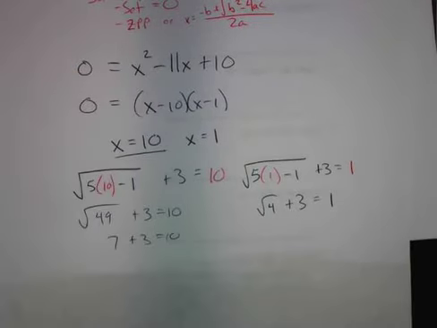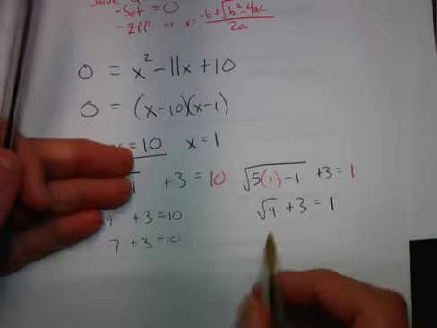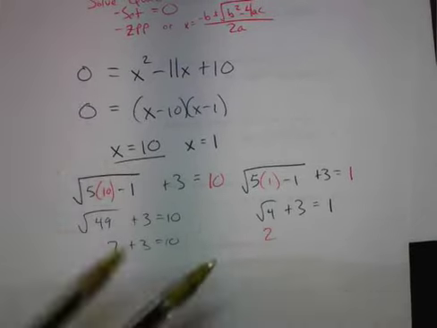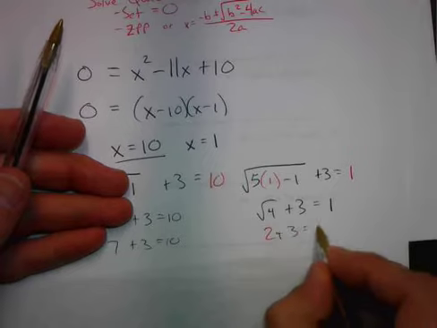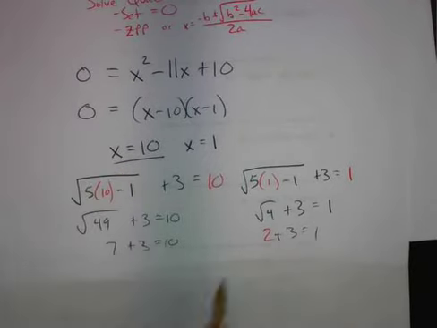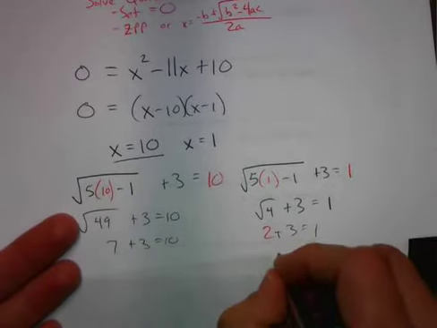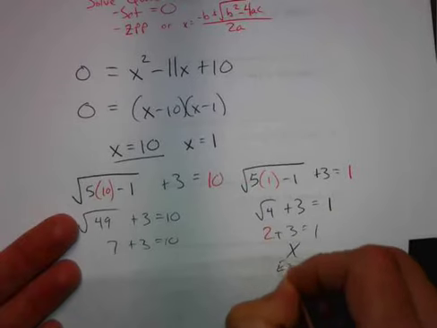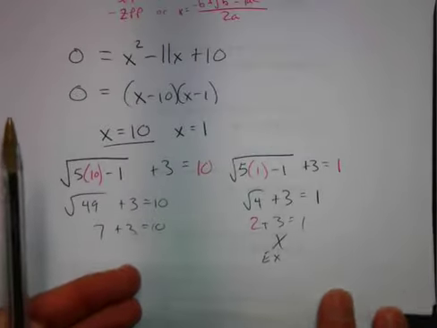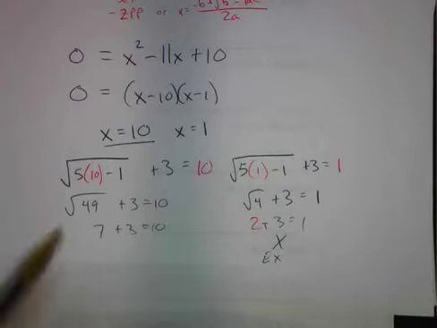Unless, if we're dealing with principal roots, right? So we have the square root of 4 is 2. 2 plus 3 is not 1. Therefore, 1 is extraneous. Dun, dun, dun. Nope. Extraneous. Okay, so our solution of x equals 1 actually does not work.